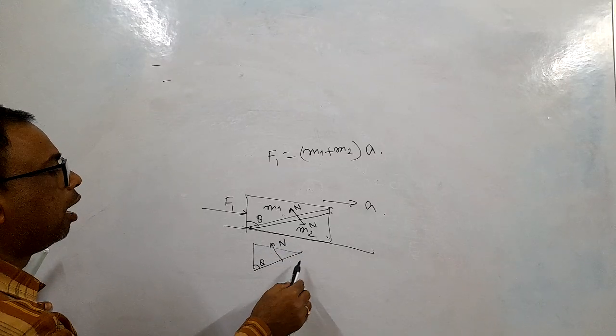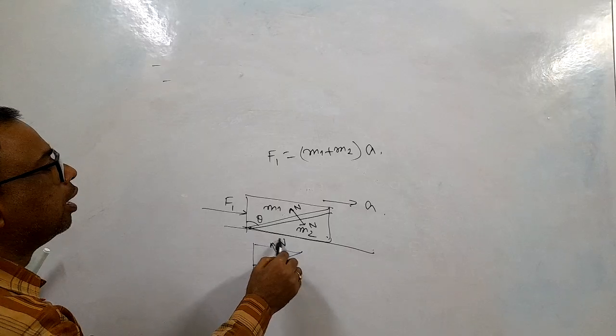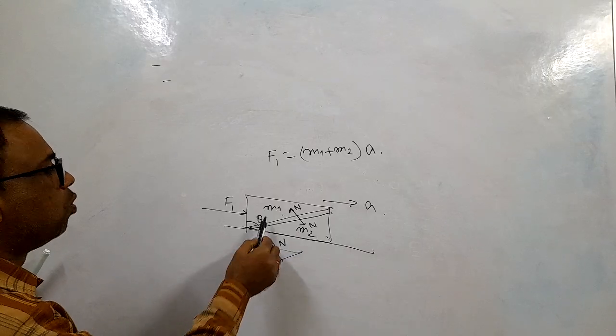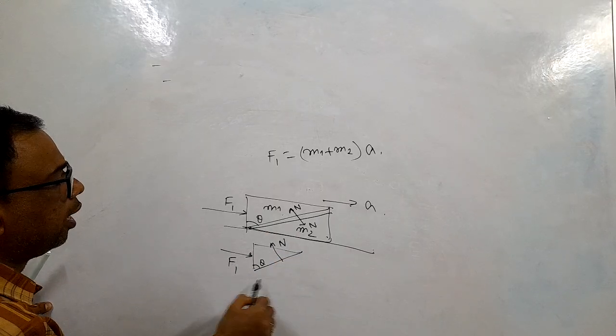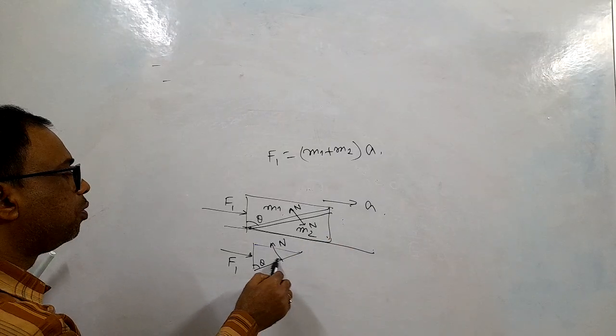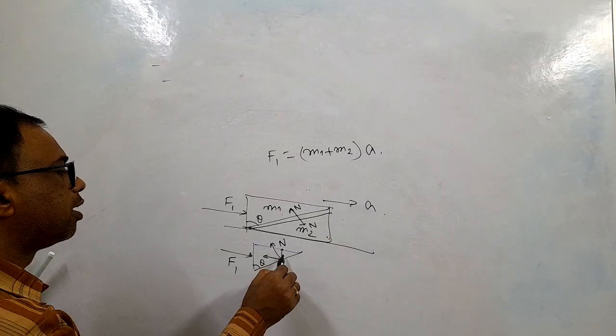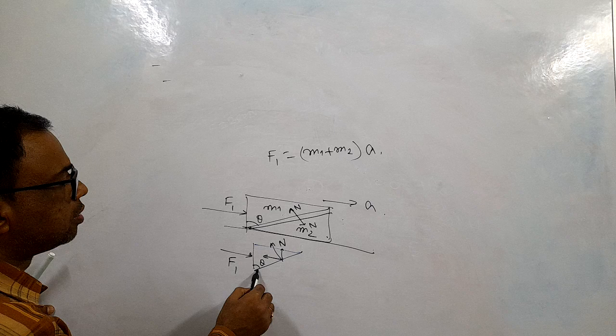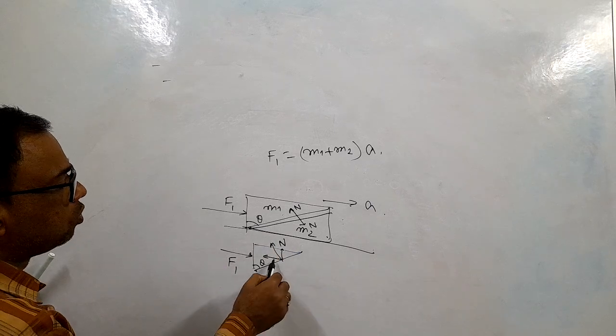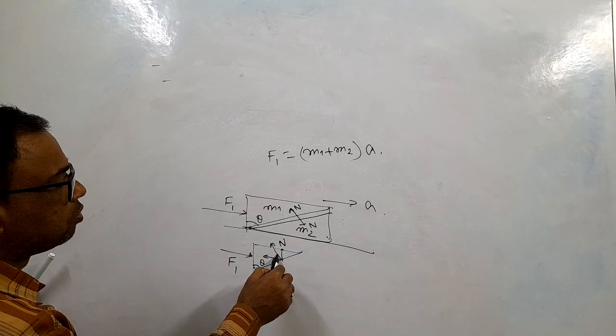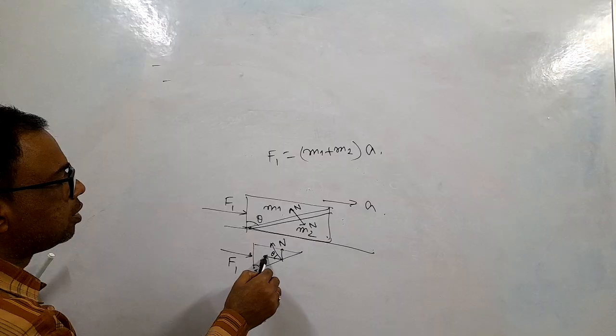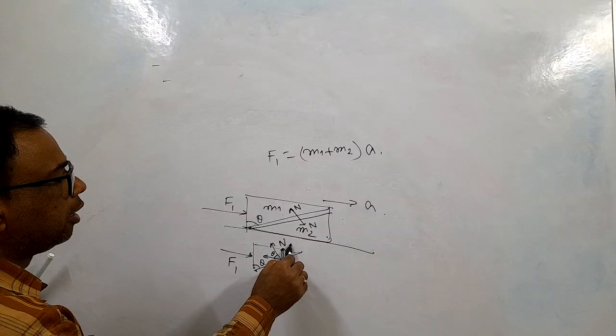If the angle is theta, then the components of the normal reaction are N cos theta and N sin theta.